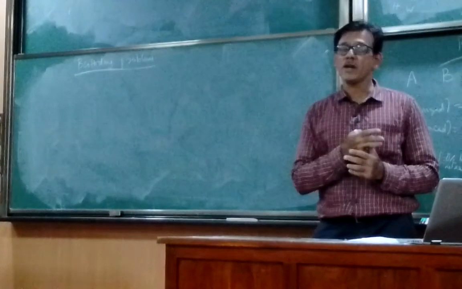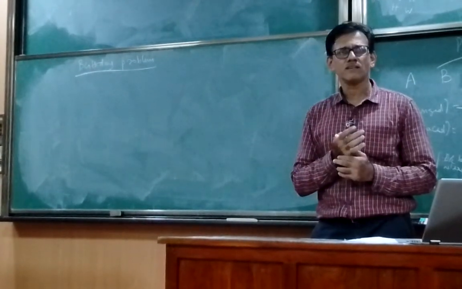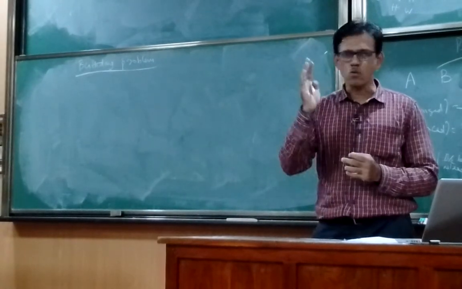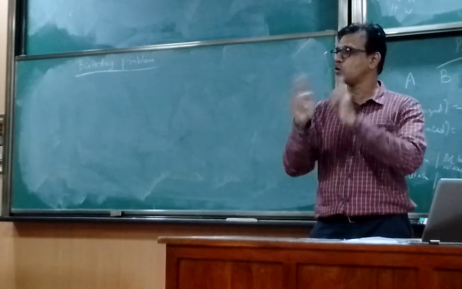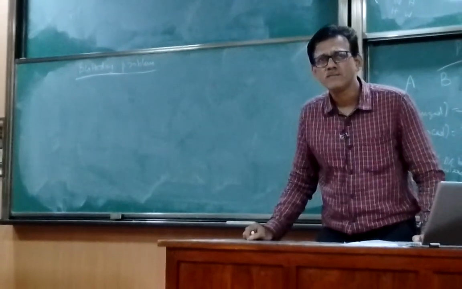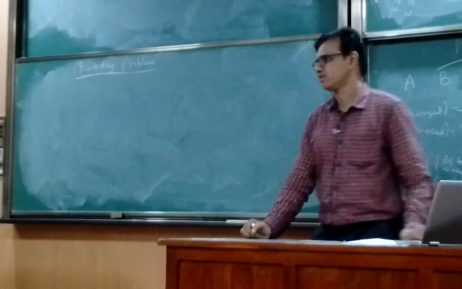If you put it like that, 90 divided by 365, how much is it, 1/4 or something? I can tell you it's much more than that. It's not 1 by 365. If you say it's 2 by 365, it is because you are comparing two people. It's not like that. You will see how it is.